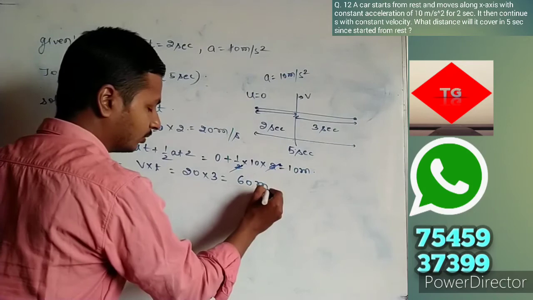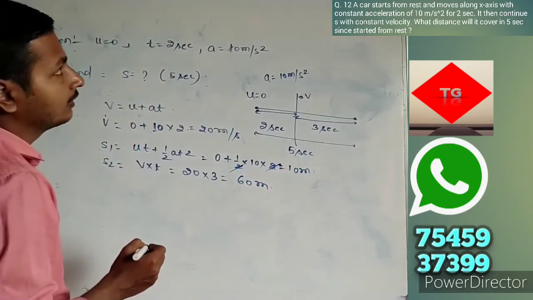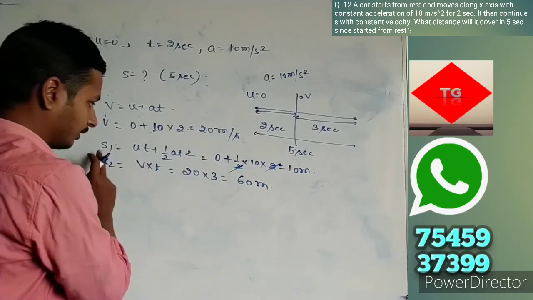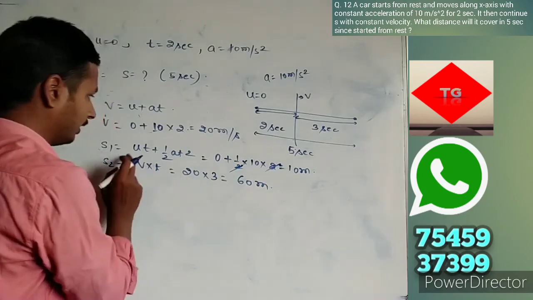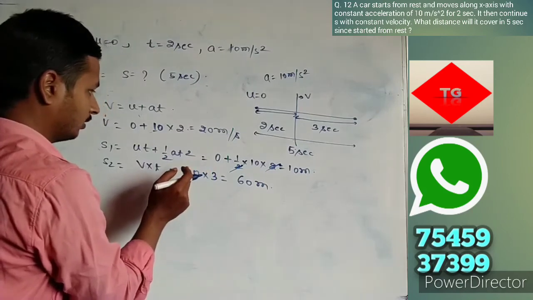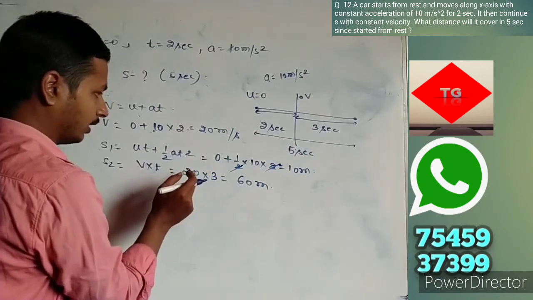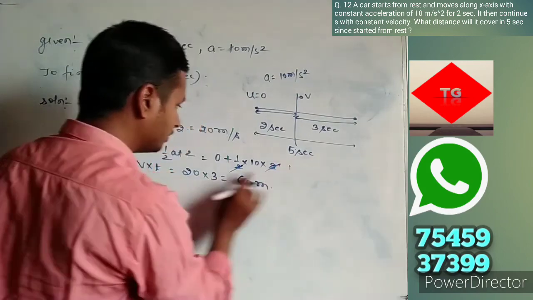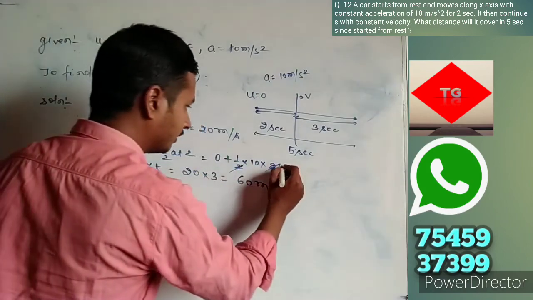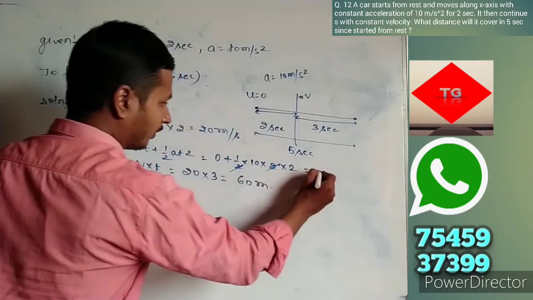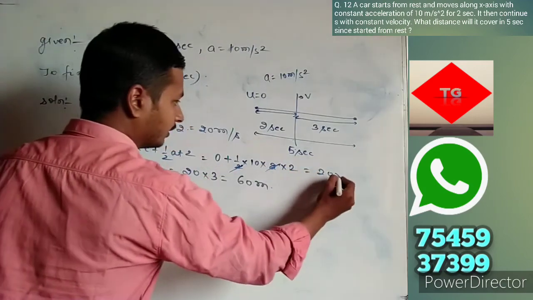60 meter. S1: S is equal to ut plus half at square, so t square is double. Then 20 meter for the first distance.